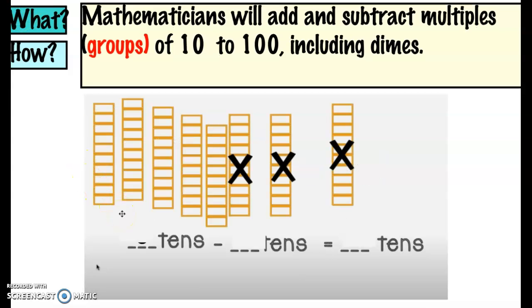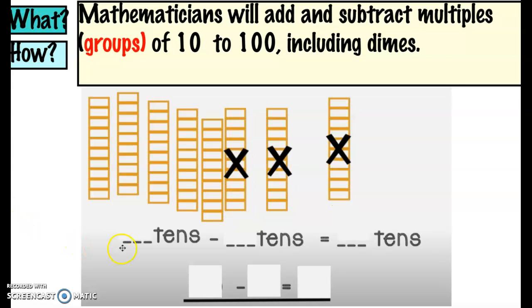Let's do another problem. So how many groups of tens do we see? Remember, you've got to count the ones that are crossed out. So we see 1, 2, 3, 4, 5, 6, 7, 8 groups of tens, right? How many are they taking away? They're taking away 3 tens. And we are left with 5 tens.